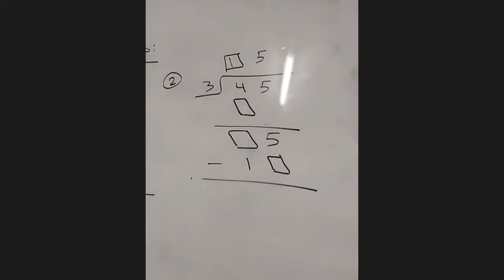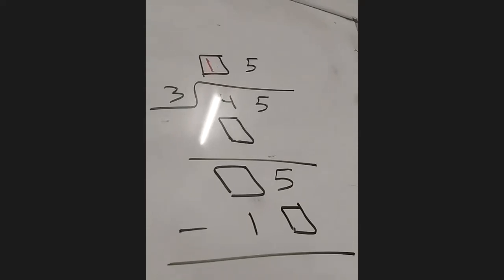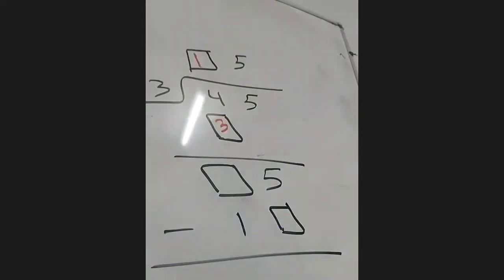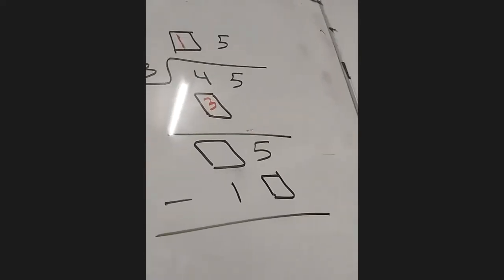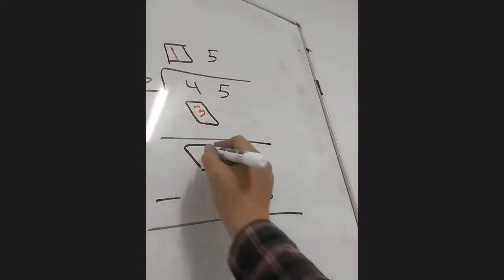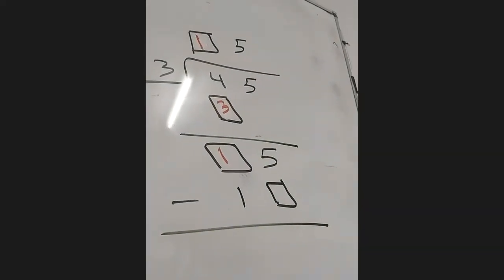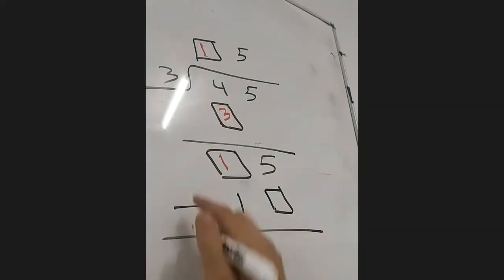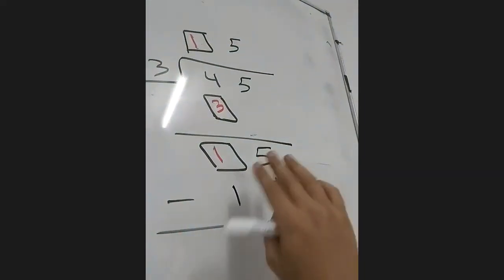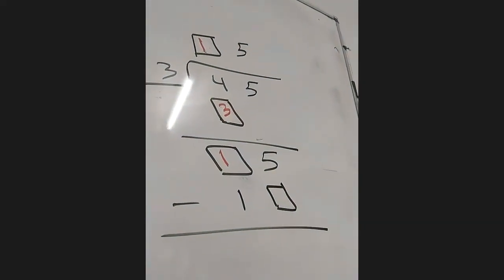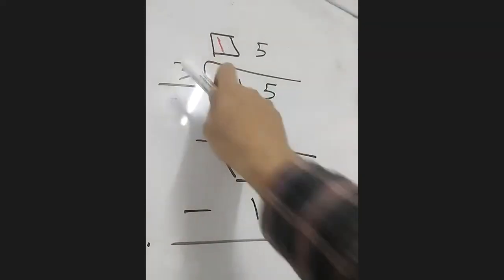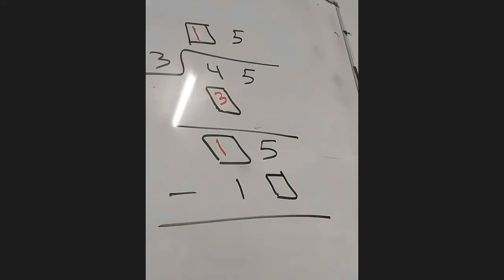So we need to choose 1. Now, what will I do? 1 multiplied by 3 equals 3. Then 4 minus 3 equals 1. Then I bring the 5 down, right? Yes. We have 15. What's the number that if you multiply it by 3, you get 15? 5. 5 multiplied by 3 is 15.